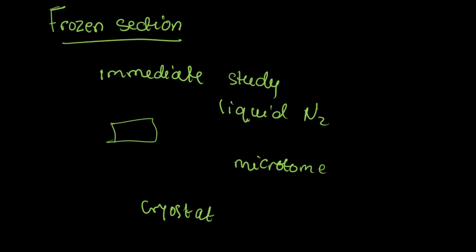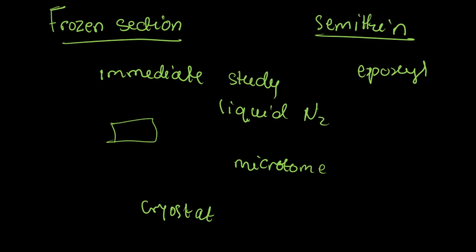Another type of sectioning is the semi-thin sectioning. The semi-thin sectioning, as the name implies, is a semi-thin section. The embedding medium used is not paraffin, it's either epoxy or acrylic resin.